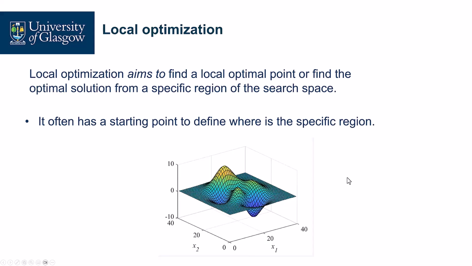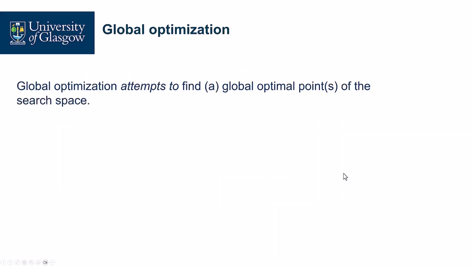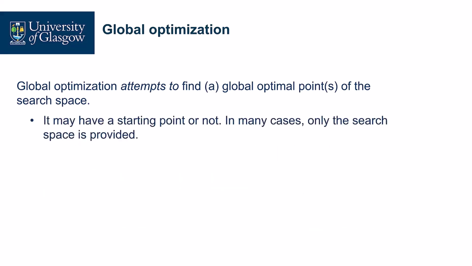In contrast, in global optimization, we aim to find a global optimal point or points of the whole search space. It may have a starting point or may not, or in many cases, especially in engineering, maybe only the search space is provided, and we need to find the global optimal solutions from the search space.